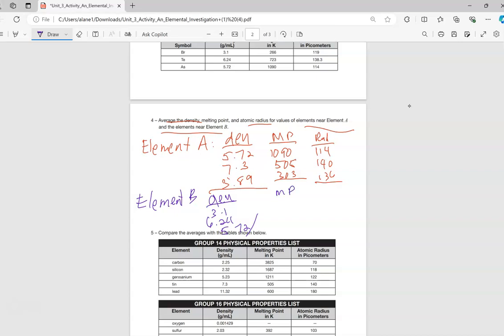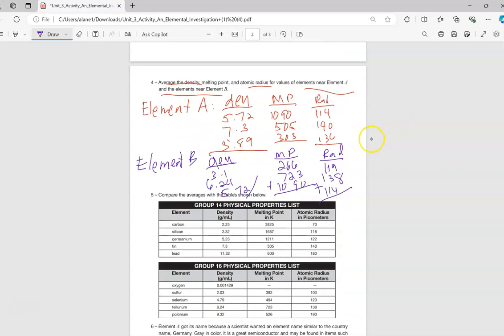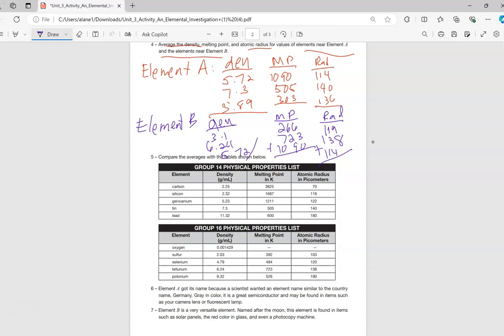My melting point for element B, I'm going to take 266, 723, and 1090. I'm going to add them all together and divide by 3. And then the radius for element B, same thing, 119, 138, and 114. I'm going to add them together and divide by 3. So I will have an answer for each one of these.